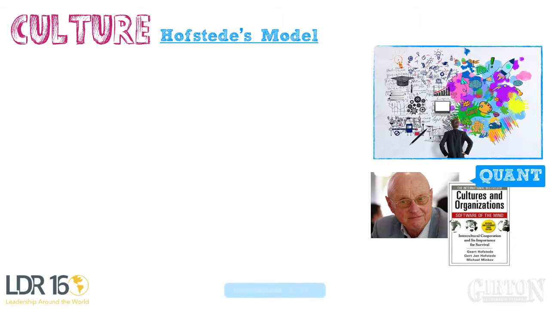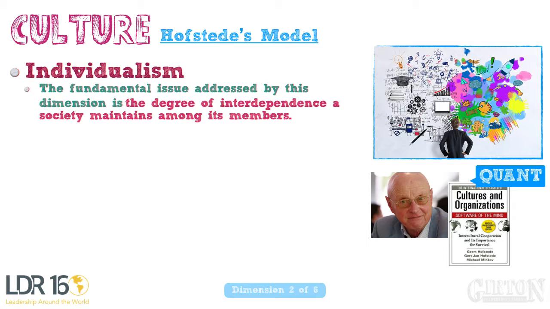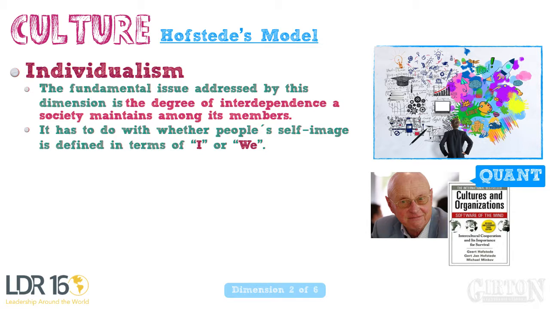All right, so let's move to individualism. The fundamental issue here is the degree of interdependence that we feel with the members of our society. And so maybe one way you could look at this is high individualism, it's all about I or me. But in low individualistic countries or collectivist countries, then the idea is more about we than me.